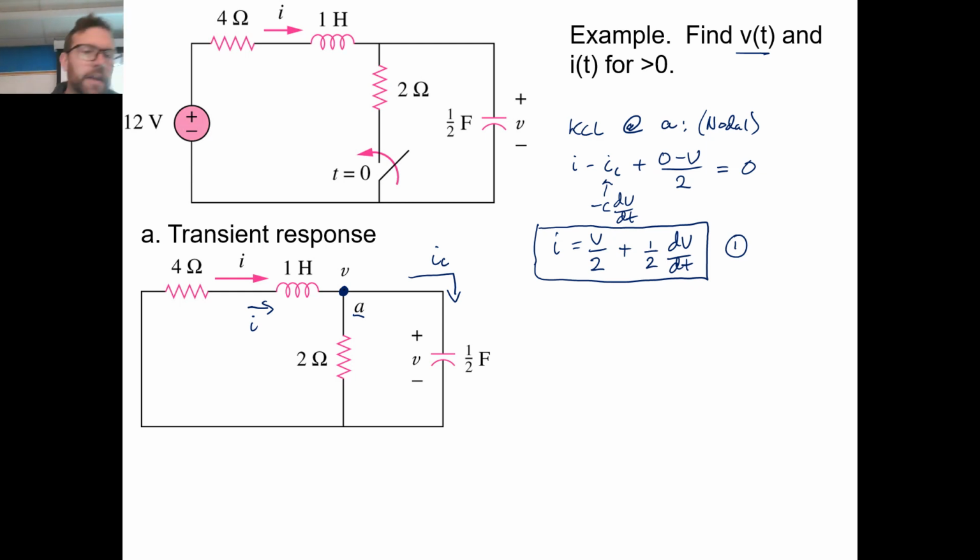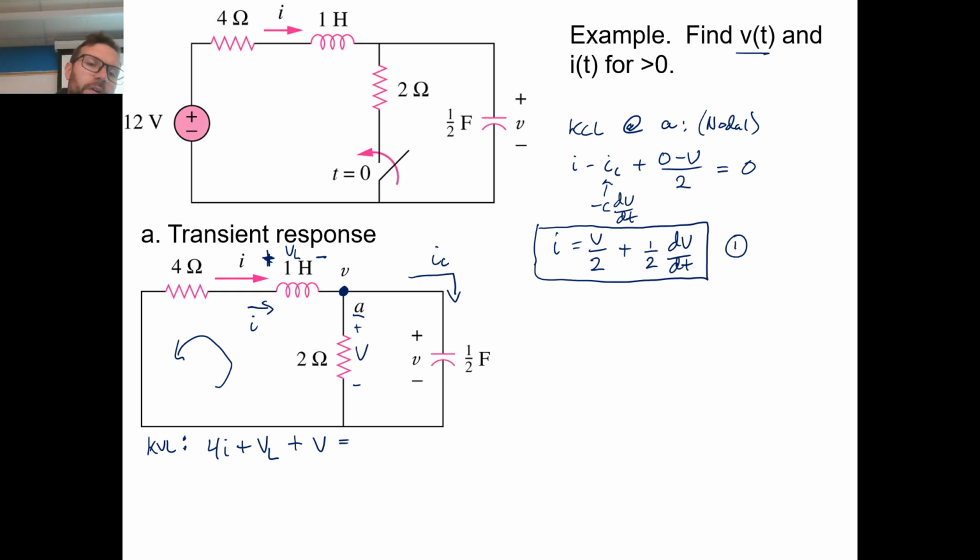All right, let's take a look at another equation. Let's do KVL, going counterclockwise. As we go around the loop, we get a plus 4I, and as we go through the inductor we get a plus VL. And as we go up through this 2 ohm resistor, we get a plus V across the resistor because it's in parallel with that cap.